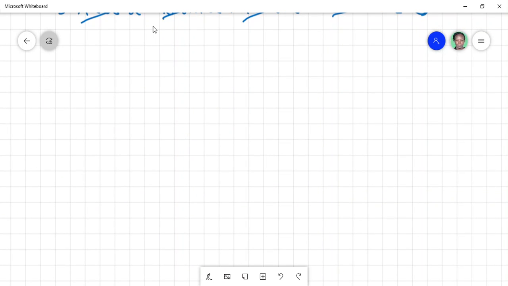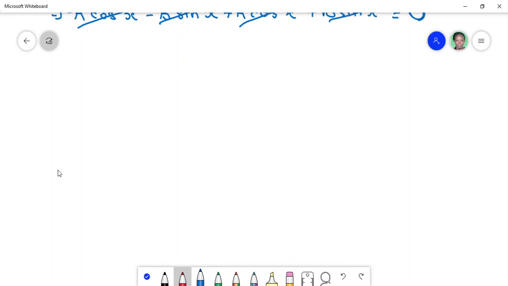Let's take another example. Let's say I give you the differential equation y prime prime minus y equal to 0. And I give you the function y equals c e to the power x.